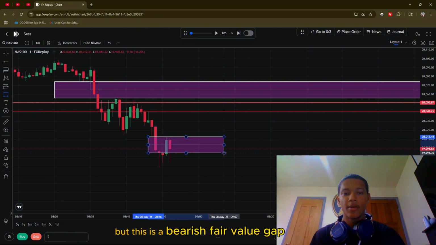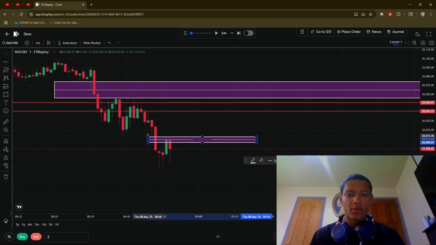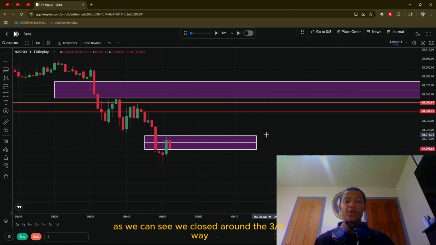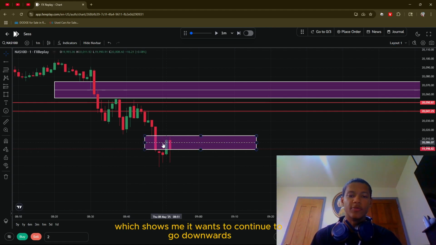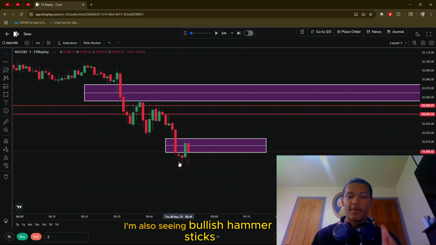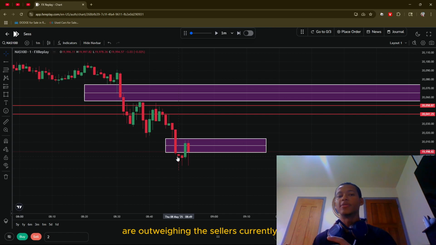But this is a bearish fair value gap. As we can see, we closed around the 3/4 way, which shows me it wants to continue to go downwards. I'm also seeing bullish hammer sticks, which signifies that the buyers are outweighing the sellers currently.